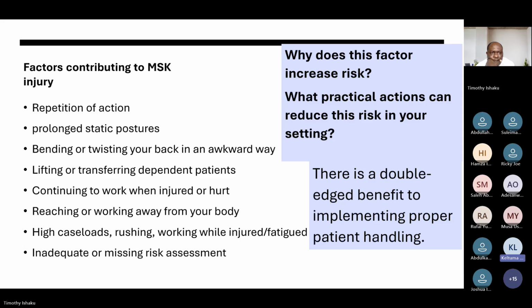And for bending or twisting your back in an awkward way, the earlier person who made the comment, I like what he said. It is against the natural biomechanical standing of the human body. Bending and twisting are not a normal movement for humans, especially when a load is involved.